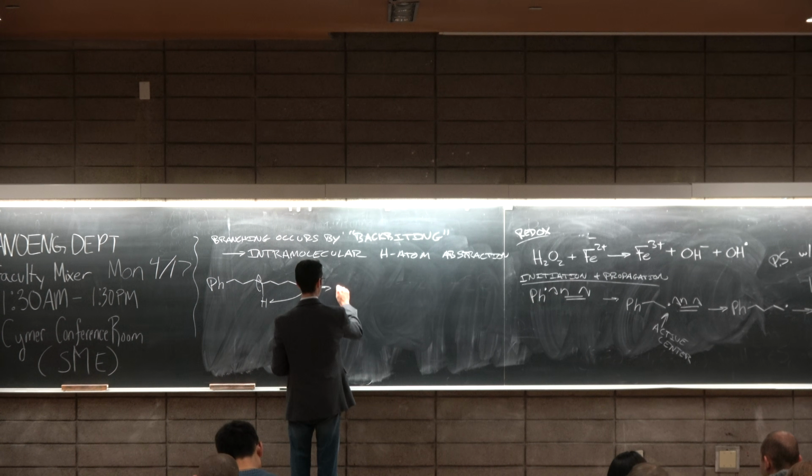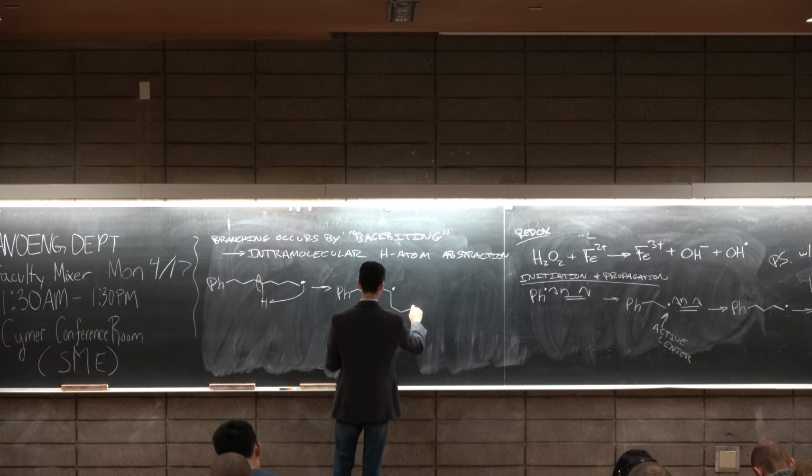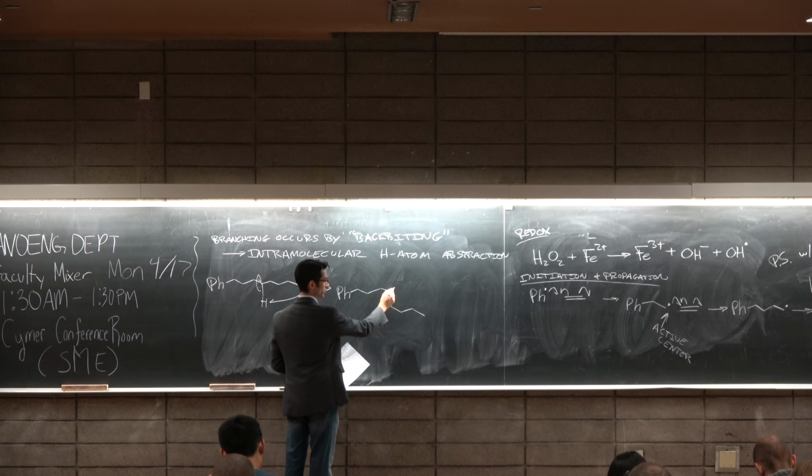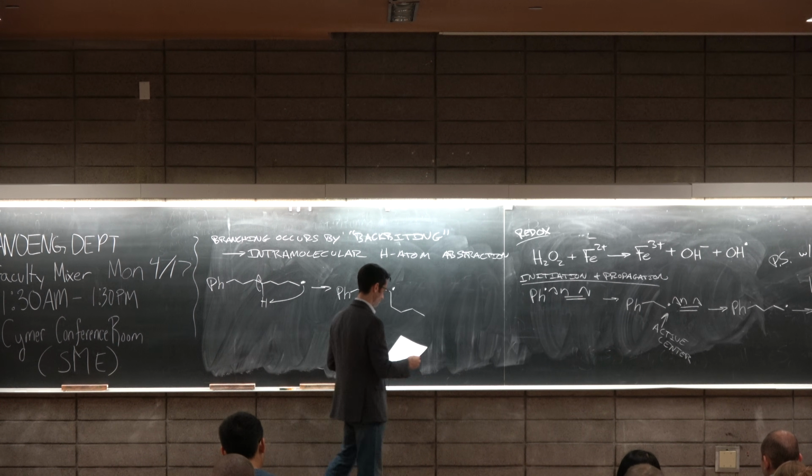Then what we get is an interior radical, which is the new active center, and now we have a branch.